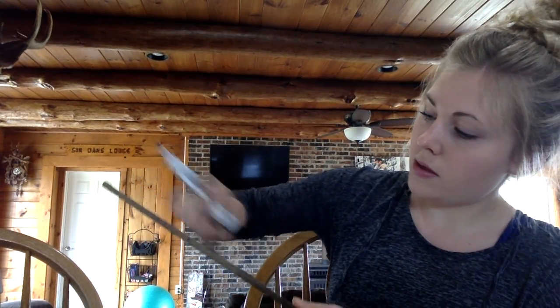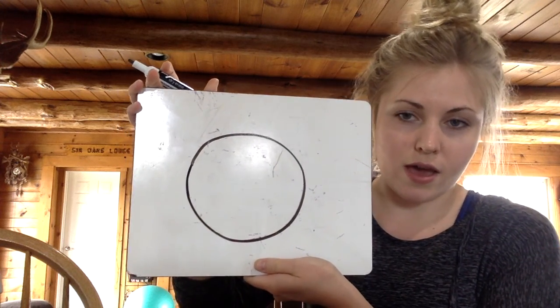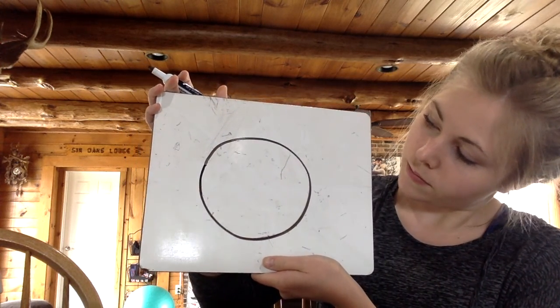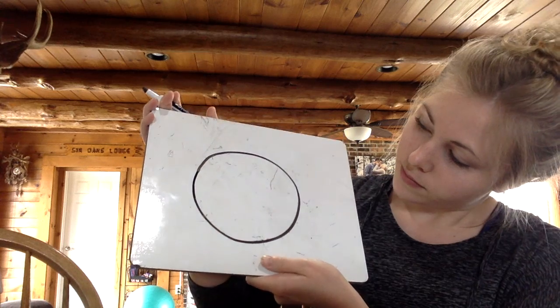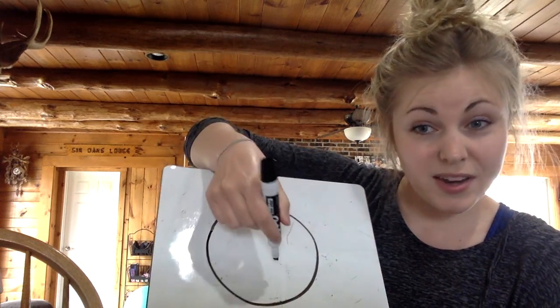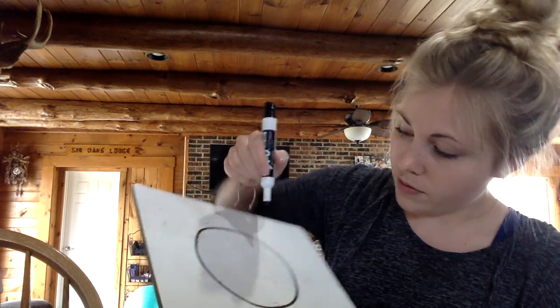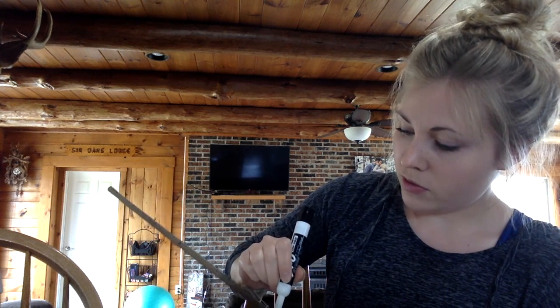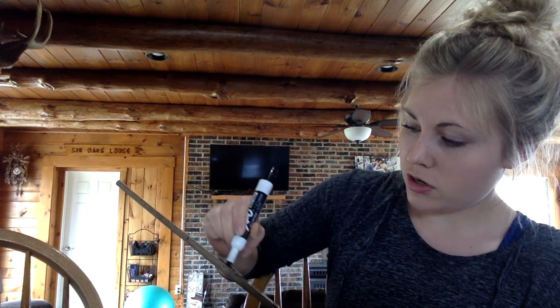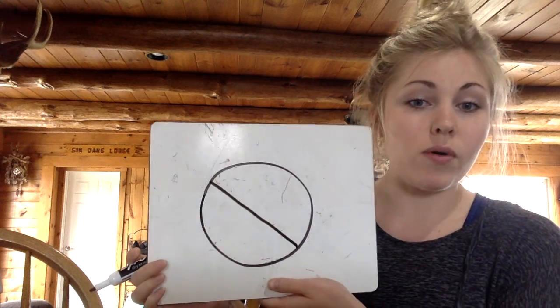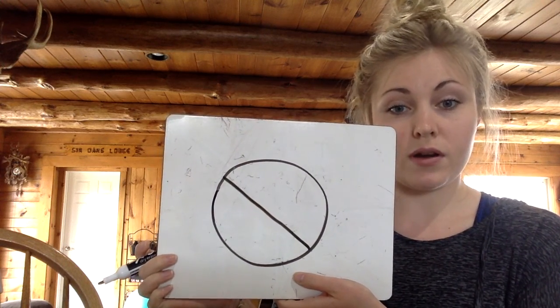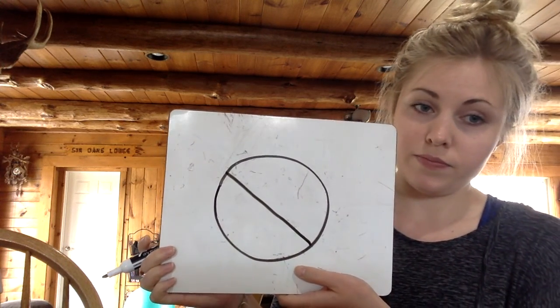All right. Now let's talk about a circle. How would you divide a circle in half? You could go straight up and down. You could go at a diagonal, but you just want to make sure that both sides are equally as big.